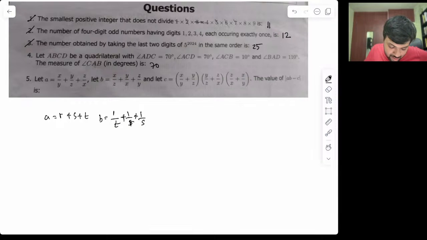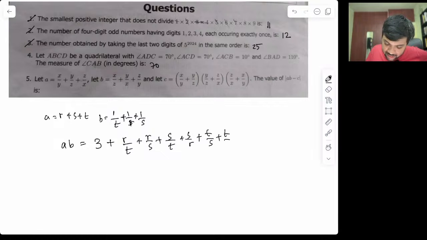So what is ab? That r into 1 by r and all will add up and give you 3, and then it will give you all possible r by t plus r by s plus s by t plus s by r plus t by s plus t by r or something like that.